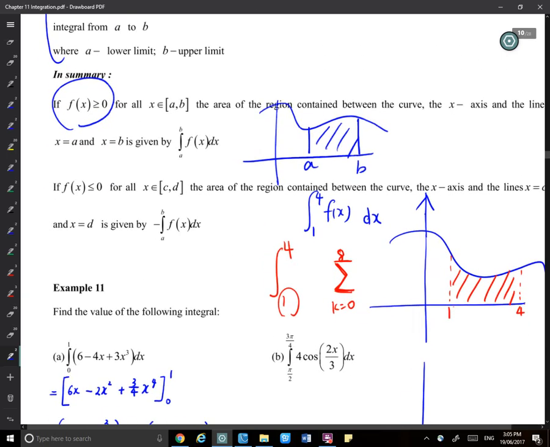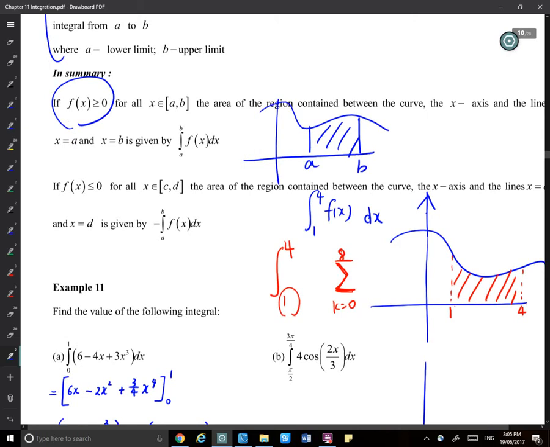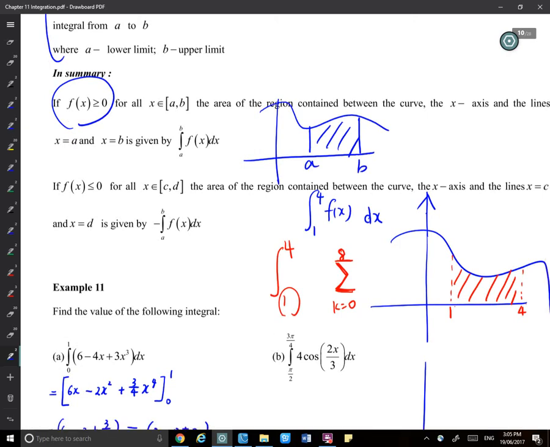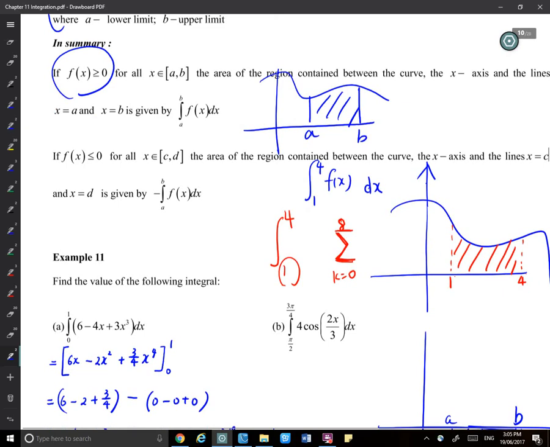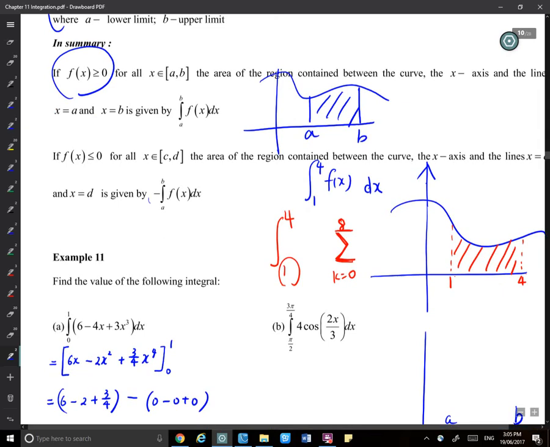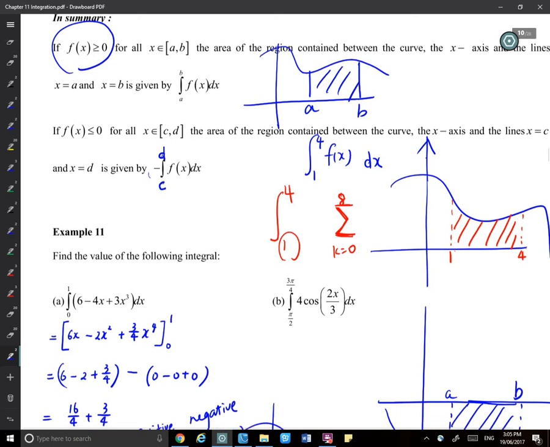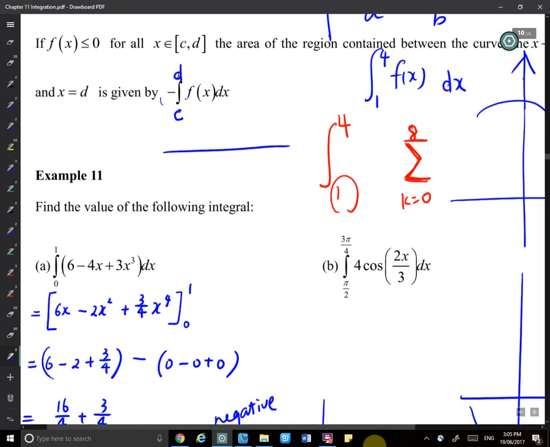If f(x) is smaller than 0 for all values from c to d, then the region enclosed will have a negative sign in front. Sorry, I need to change it: c to d here, on the top, not a to b, because I'm talking about c to d now. So if everything is below the axis like that, from c to d, even though you have a negative side, it's alright.